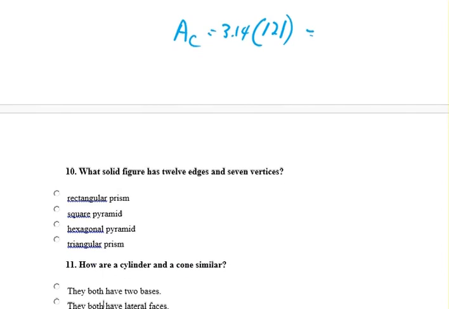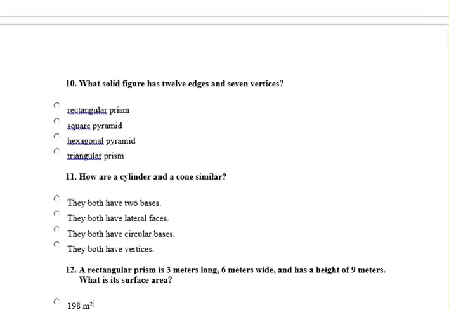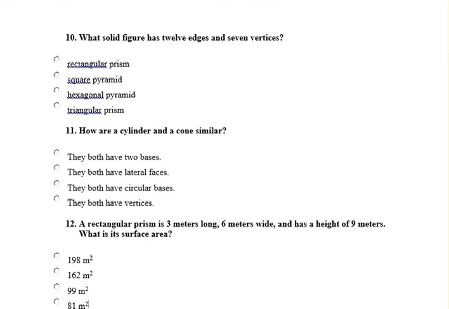So there's special formulas to figure out these, but I actually end up counting the edges and the vertices, those are the corners or where edges come together. A rectangular prism, that's just a box. I'll draw one.